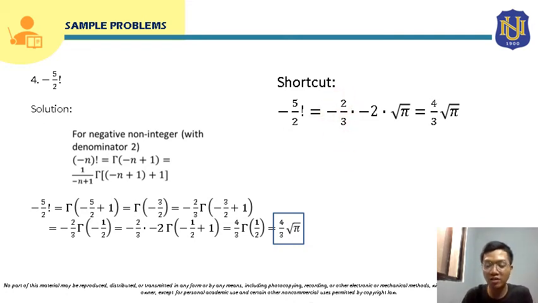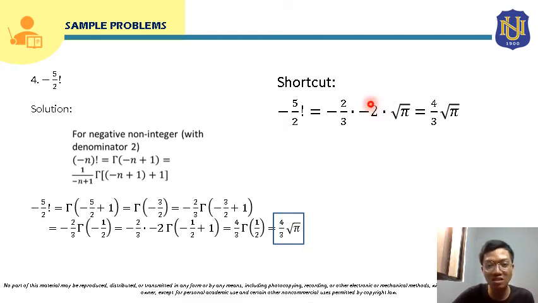Then for negative 3 halves, we add 1 again. So that will be negative 3 halves plus 1, which is negative 1 half. So we get the reciprocal of that. The reciprocal of negative 1 half is negative 2. So we just multiply it here.